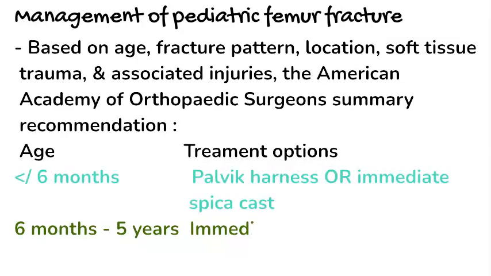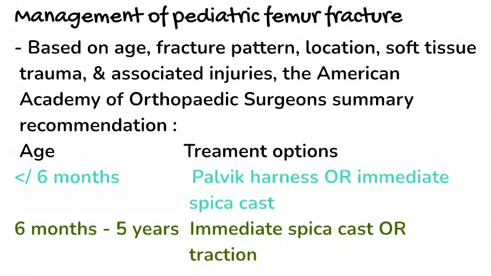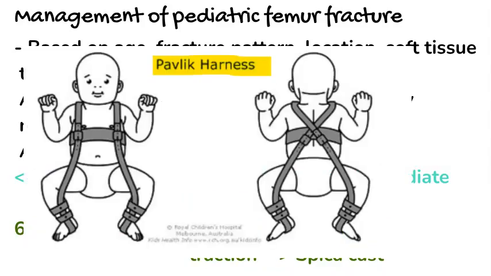For 6 months to 5 years, we can do an immediate spica cast, or traction for a few days or 2 weeks, then convert to spica cast. This picture illustrates the pelvic harness.